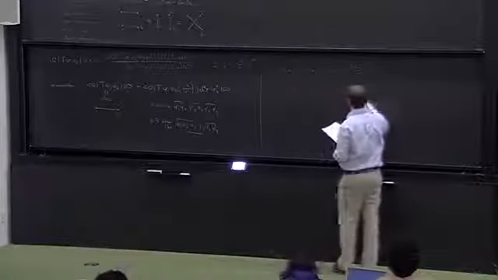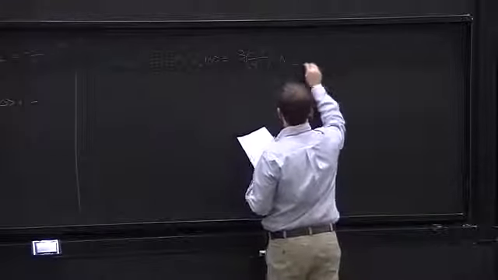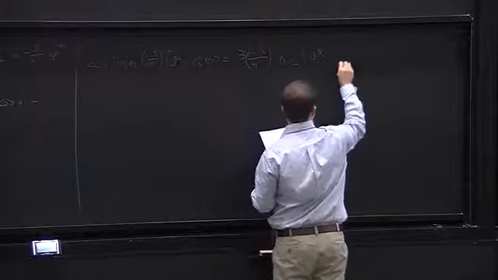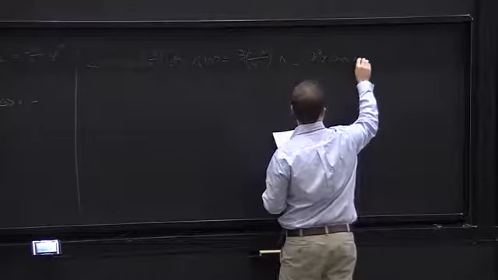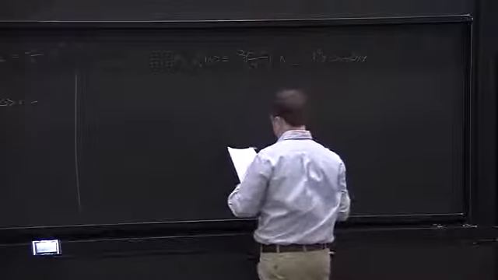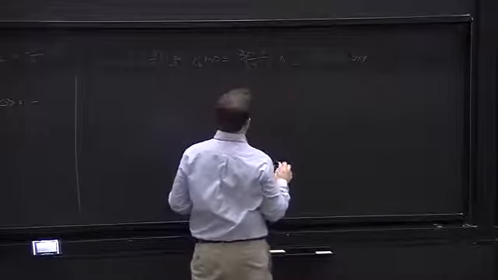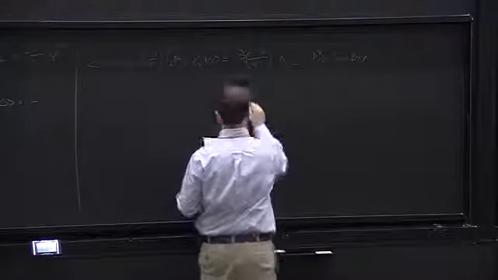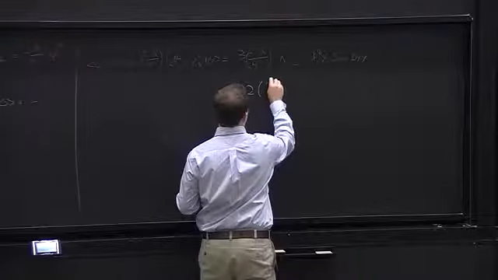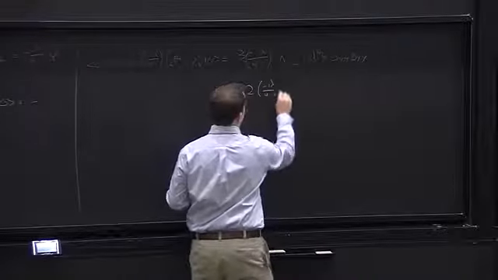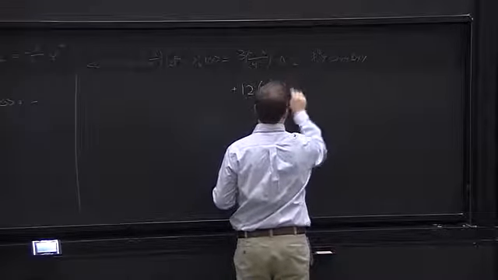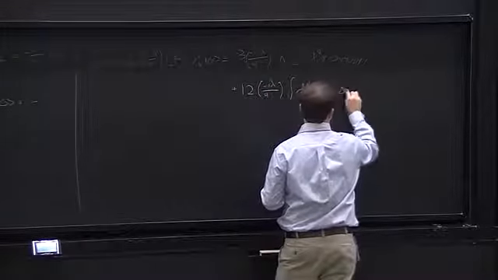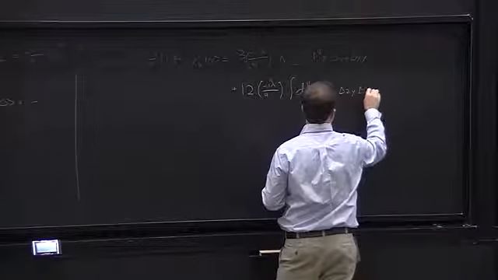So for the first type of term, we have delta 1, 2, integral d4y, delta yy, delta yy. And let me write the other term first. Then we have 12 times minus i lambda over 4 factorial, integral d4y, delta 1y, delta 2y, delta yy.